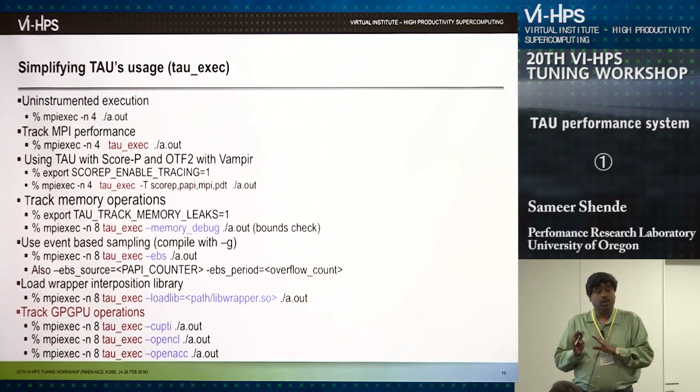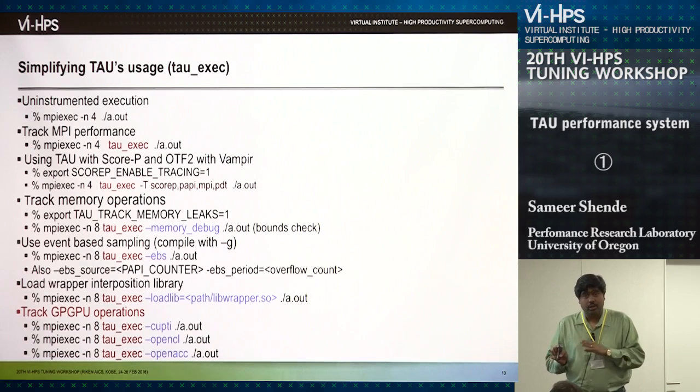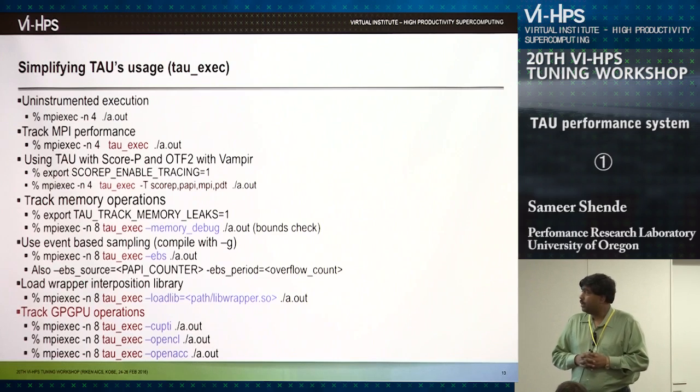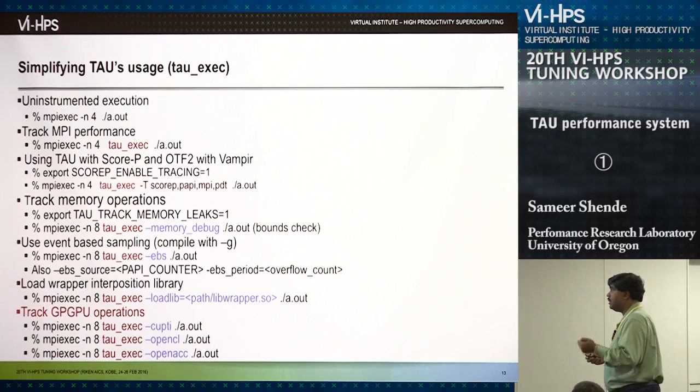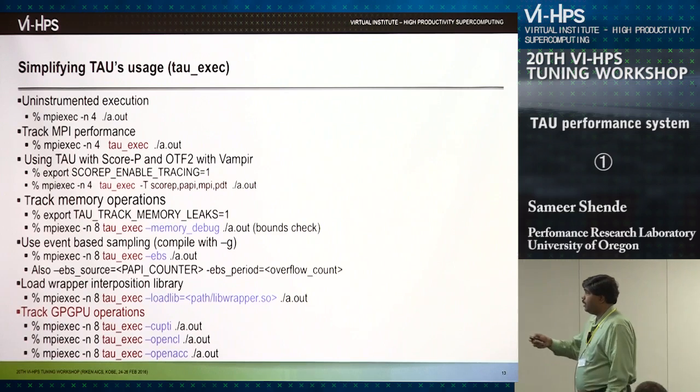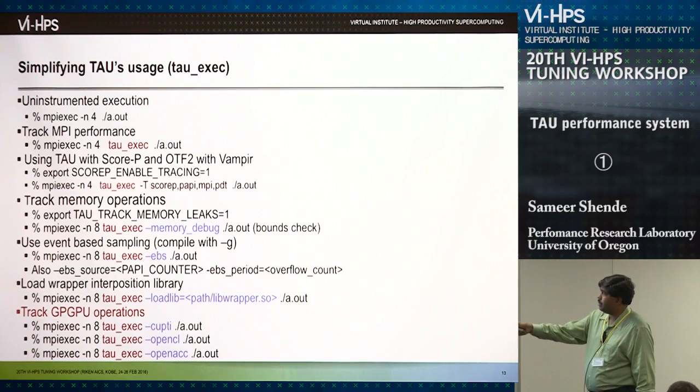And I mean not change the source code, not change the makefile, not change anything in the compilation process. If an uninstrumented binary could just be launched to generate all the profile data that you wanted. So we have taken steps to doing that with the tau exec tool.